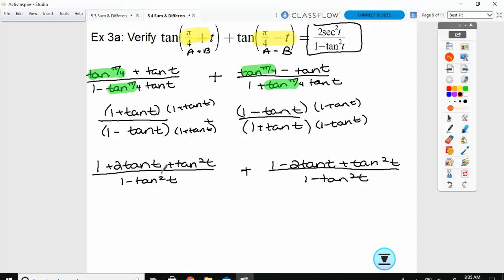Negative tangent t times 1 is negative tangent t. Negative tangent times negative tangent, so negative times negative makes positive, tangent times tangent is tangent squared. And then these are like terms, so you add their coefficients, so negative 1 plus negative 1 is negative 2. Okay, I was getting confused, because I thought you were just multiplying it. Okay, does that make more sense? Yeah, it does.